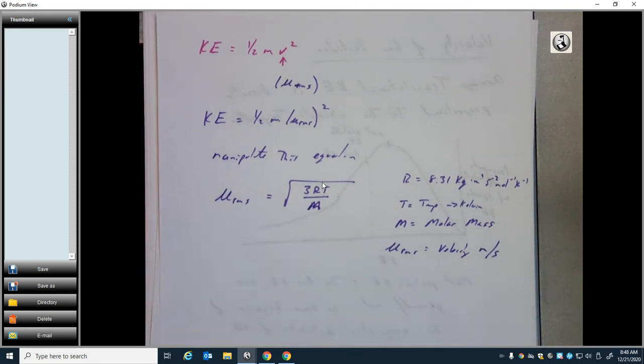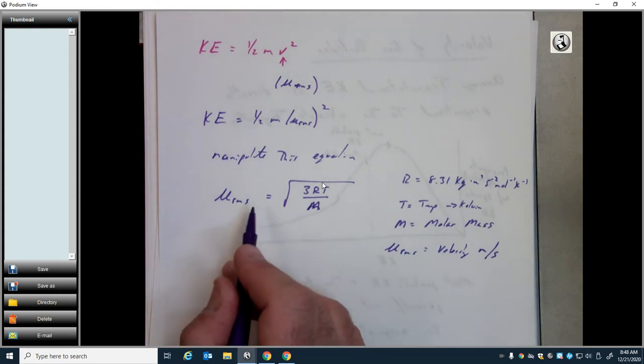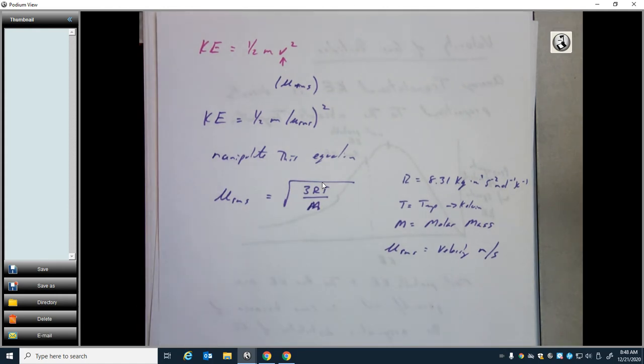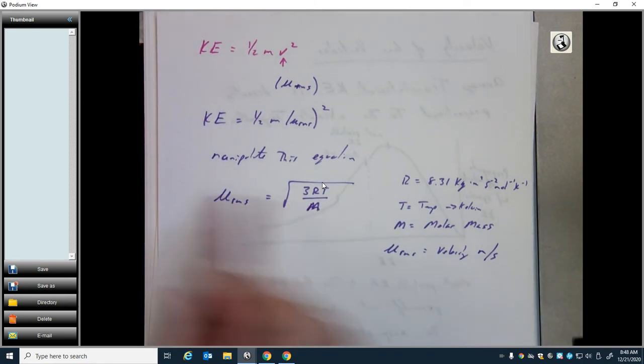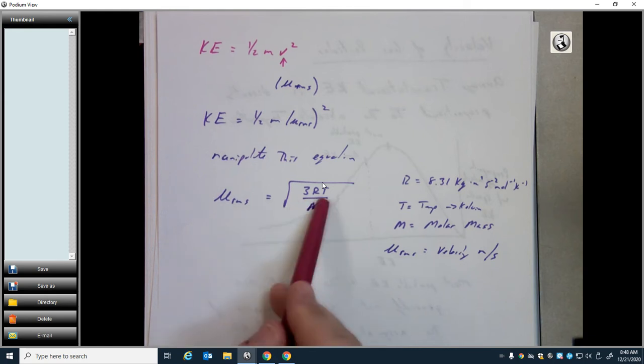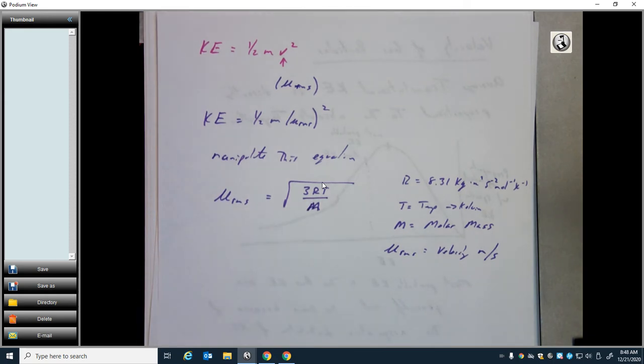Well, what is this really telling me? Okay, so what this is doing is it's letting us compare gases with different molar masses.